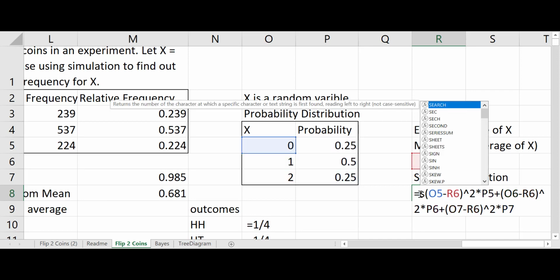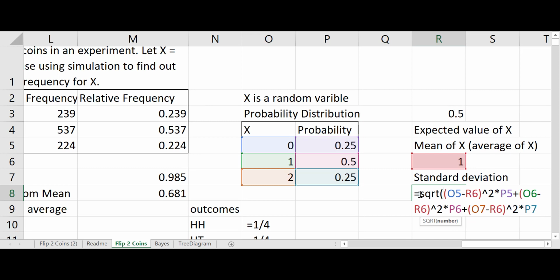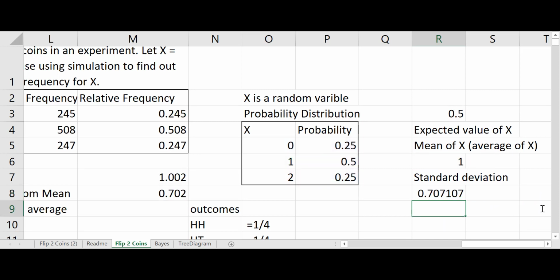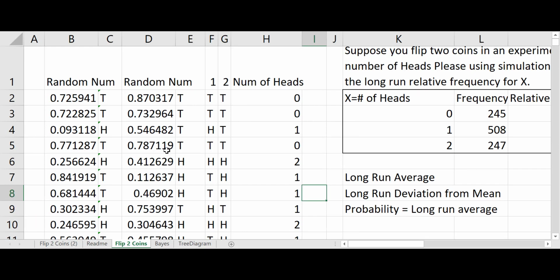So SQRT, that's the function to take the square root. So theoretically, the standard deviation of x is this value, and what we observed is quite close. Every time I do some operation on Excel, these two values will change, because every time you do something in Excel, this random number will change.